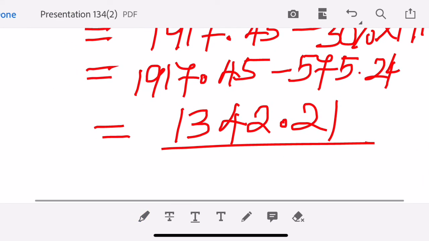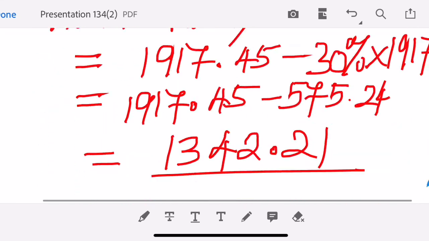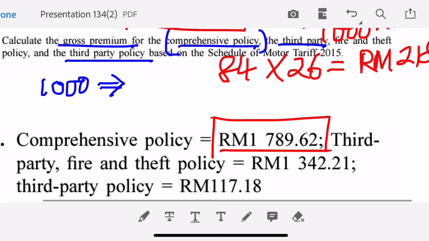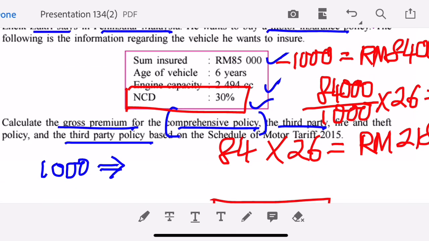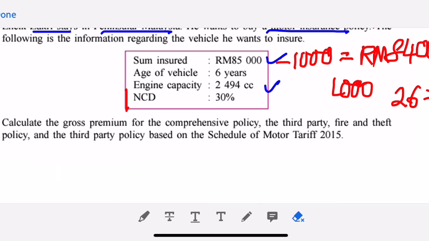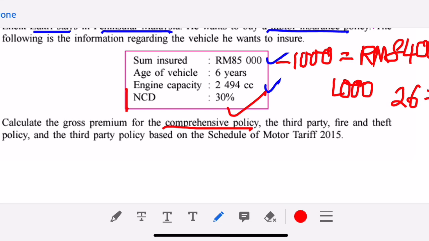Okay, then there's another type. We need to calculate three types, right? Which is comprehensive, third party fire and theft policy, and the third party policy. This is the third type. Let's see, we have to do three types of policy. This one we did already. This one just now we have calculated.